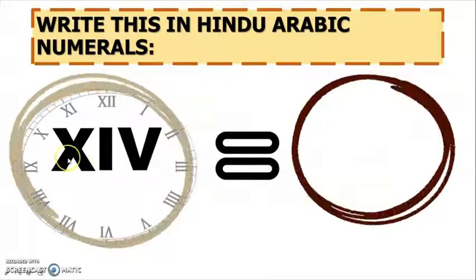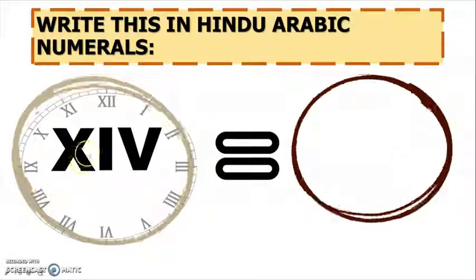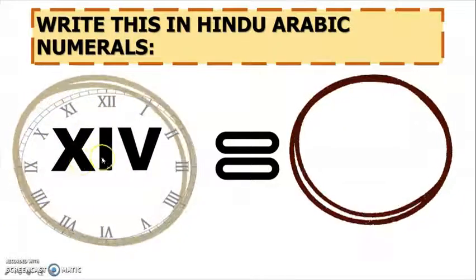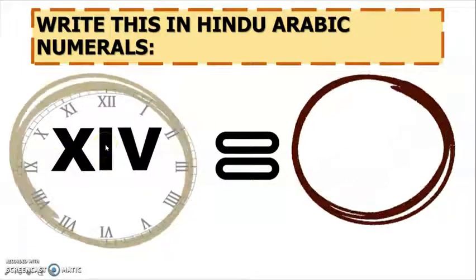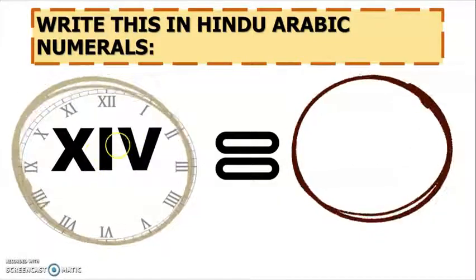Next is XIV. So you have to look at X, which is larger than I. Just simply add it, X plus 1. But I is smaller than V, so you cannot add 1 plus V. I is equal to 1, V is equal to 5.